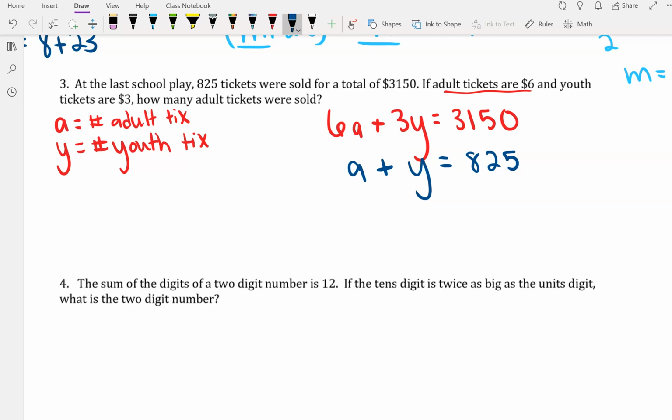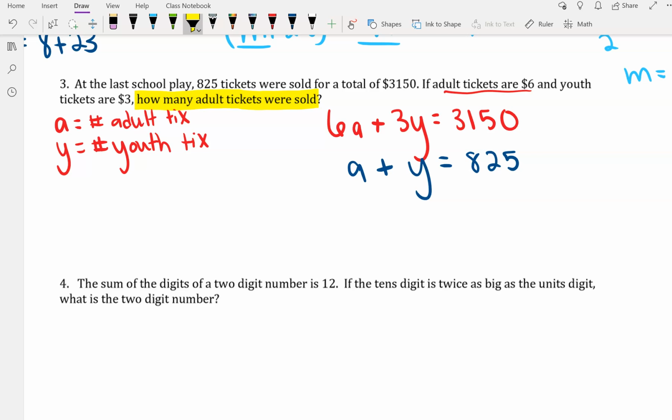All right, now I'm going to use either substitution or elimination to solve this. But you might notice here, the question asks us how many adult tickets were sold. It doesn't even ask us how many youth tickets are sold. So if we solve for A first, we can avoid even having to solve for the youth tickets.